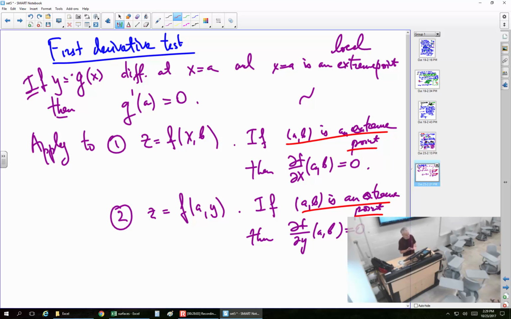The conclusions are different, but the condition is the same. So if it is an extreme point of a function of two variables, the highest point, whether you go this way or that way, the derivative is equal to 0 with respect to x, and then with respect to y. So you have two conditions rather than one.